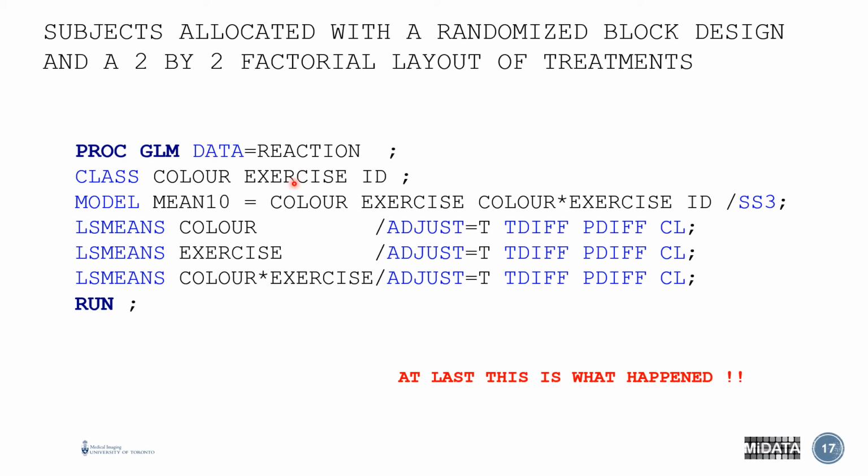The only difference here is instead of the group variable, we're using the color and exercise variables, each separately. And we're including, of course, the ID, which identifies the subject, who is considered a block in this design because they're participating in all the possible combinations, and then we're going to compare within each block.